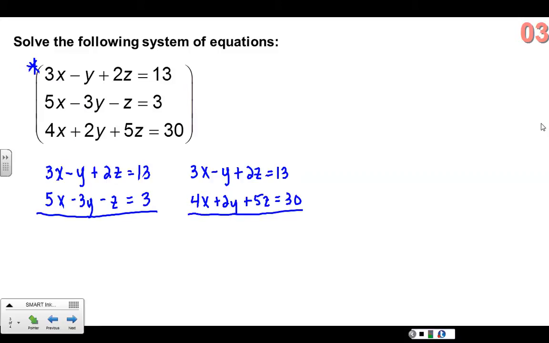Now, for this to work, you need to get the same variable to drop out of both sets. So I'm going to try to get the y's to go. So I'm going to multiply the top equation by minus 3. And I'll need to multiply the top equation by 2 on the second set.